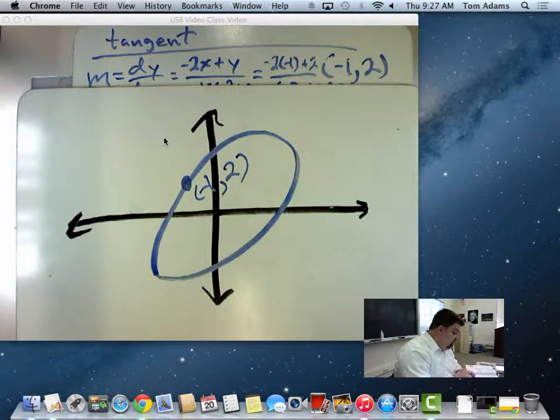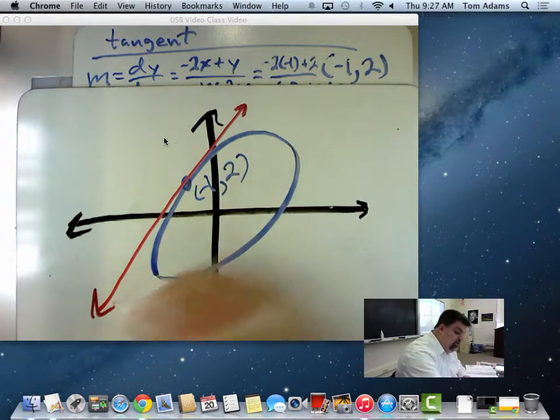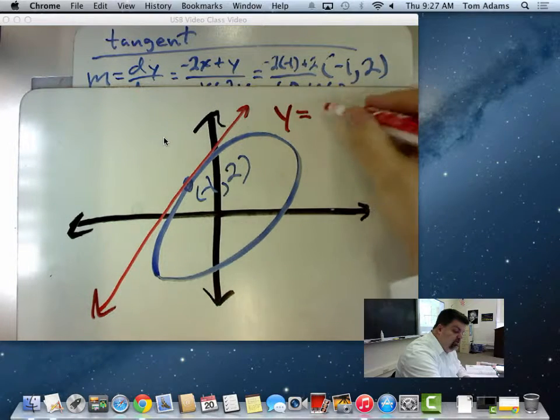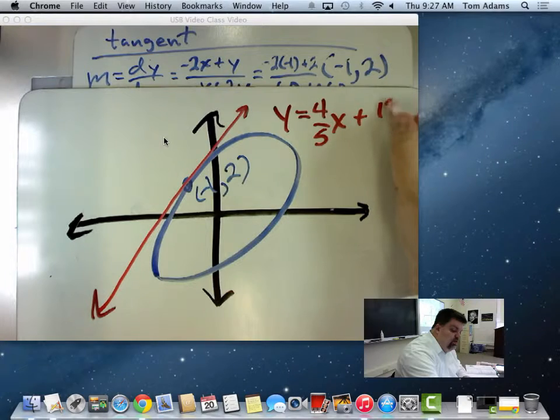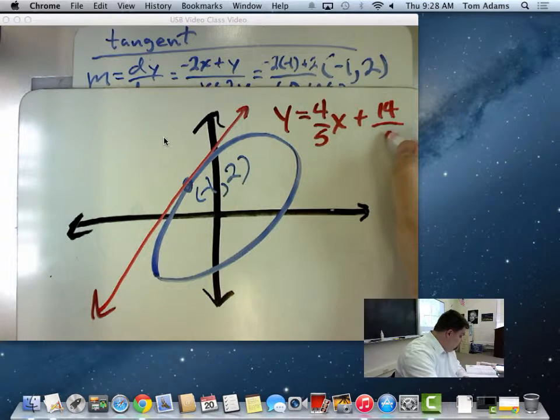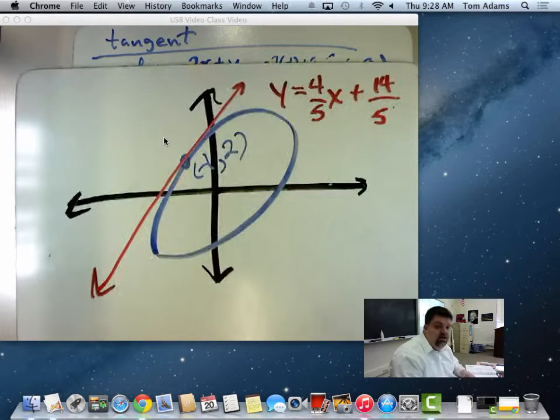And then the tangent line we said was going to cross through it was y equals 4/5 x plus 14 over 5. And it works because they graphed it in your textbook, and so maybe Mr. Adams needs to find a little bit more robust graphing calculator as we start to proceed with this.